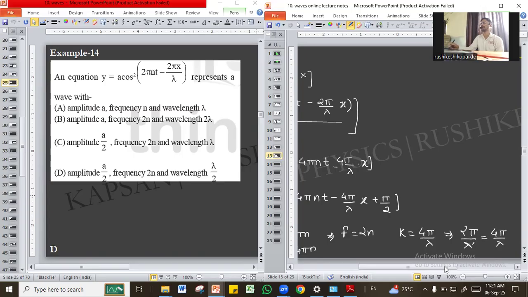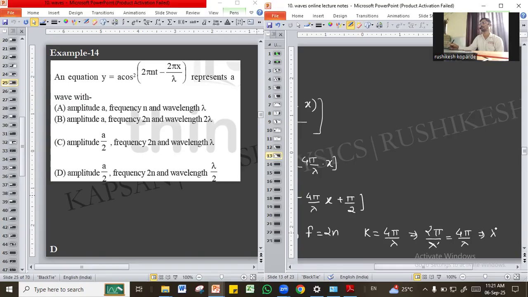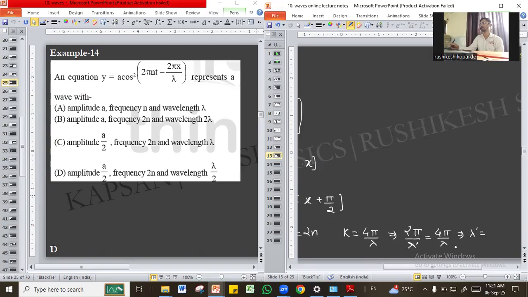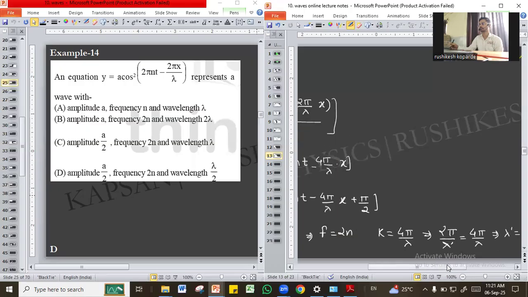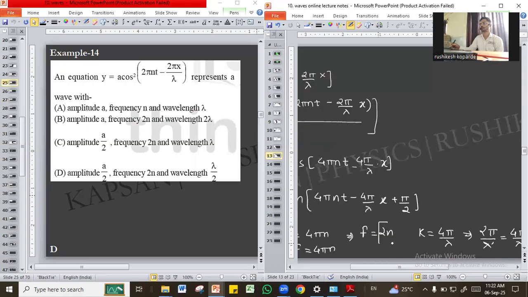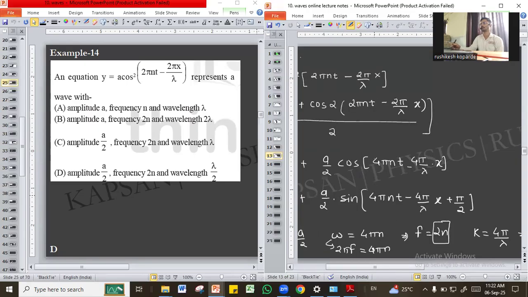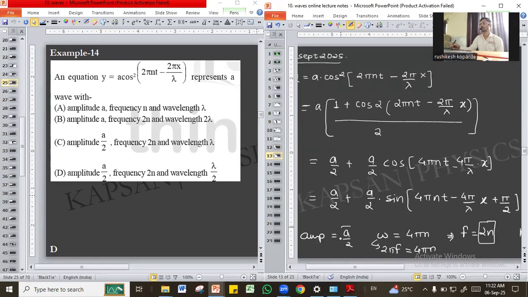So what is lambda dash? Actual wavelength lambda dash is not lambda. It is lambda by 2. So this is our wavelength. This is our frequency. This is our amplitude. And this is our new mean position.